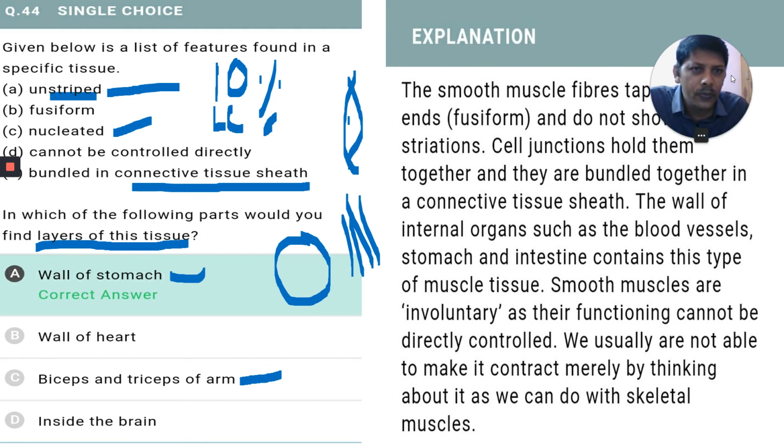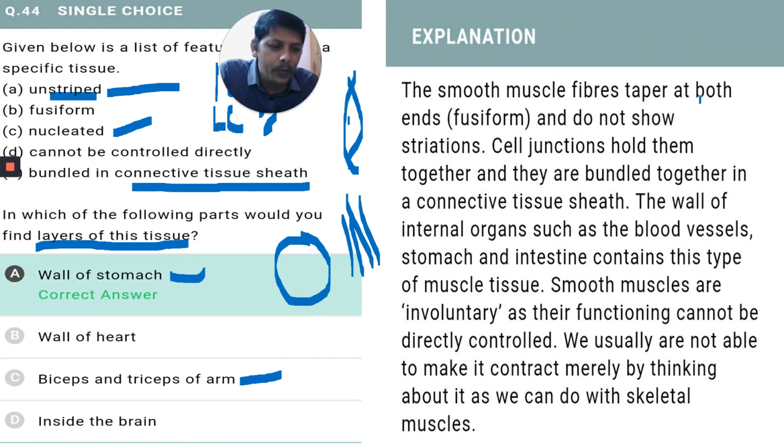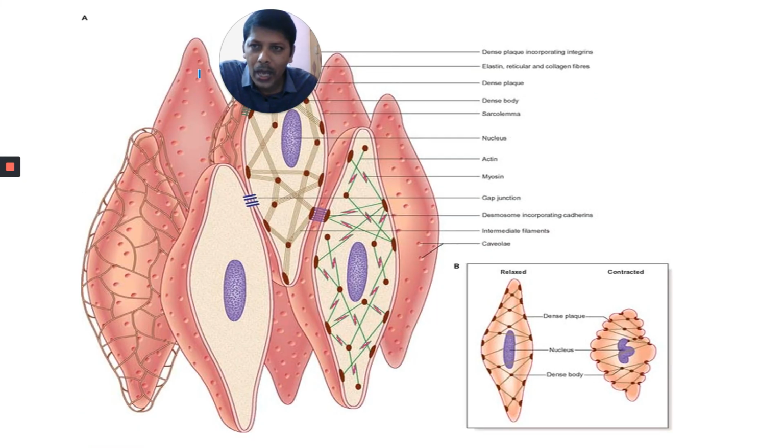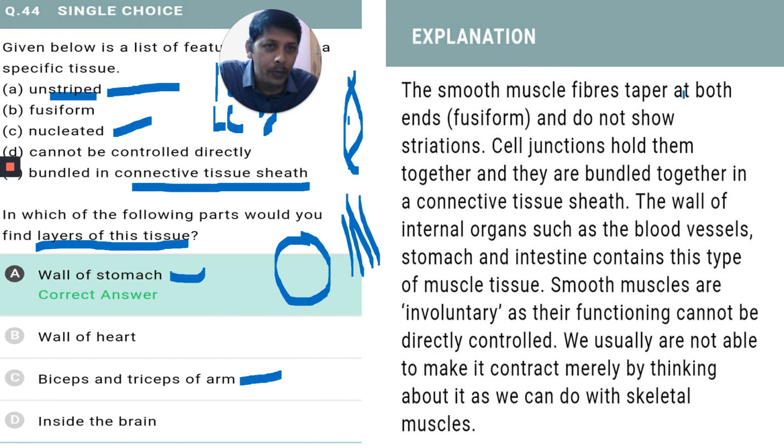Smooth muscle fibers taper at both ends. They are pointed at both ends, fusiform, and do not show striations. Cell junctions hold them together.